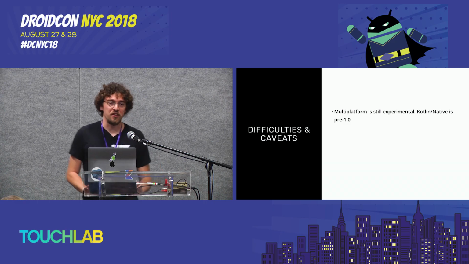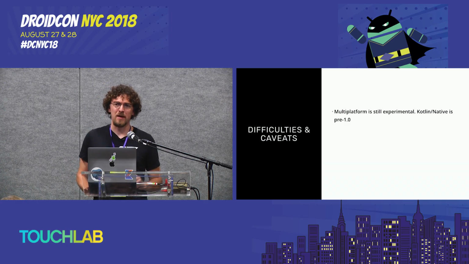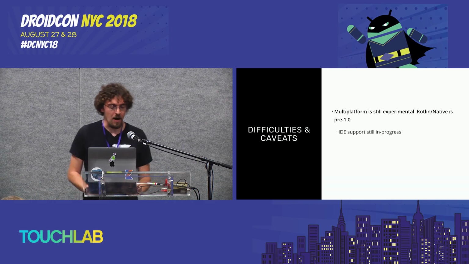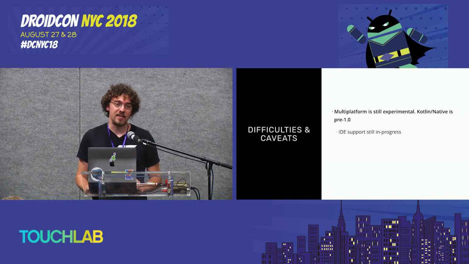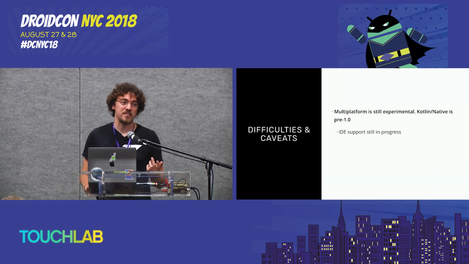Some things may be shifting underneath you, particularly around the memory model, which they're still doing some thinking about. And definitely one thing to keep in mind is the IDE support for all of this stuff is still a little bit work in progress.